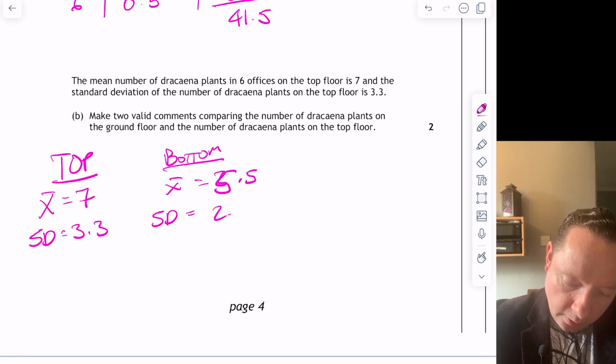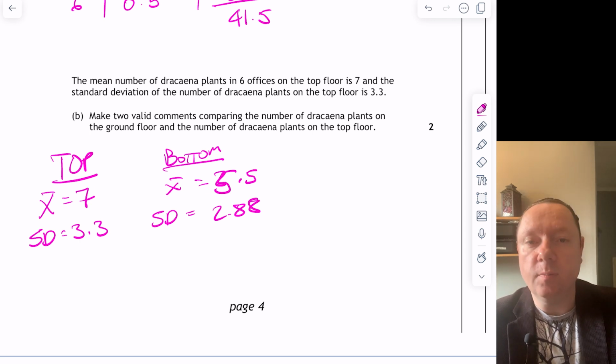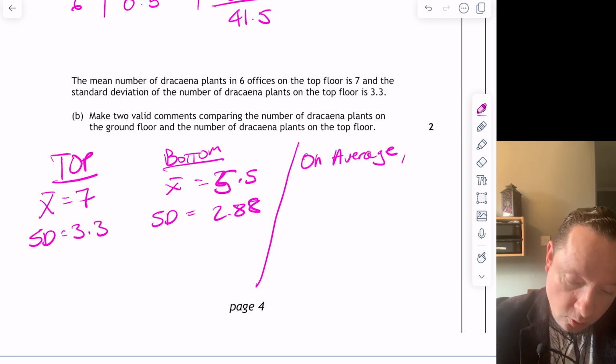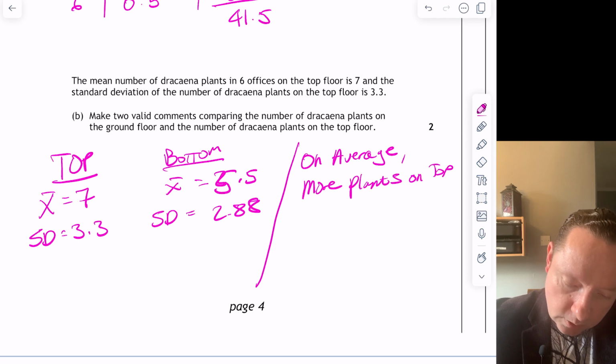It says make 2 valid comparisons about the number of plants on the top and bottom floor. Using the mean, on average there are more plants on the top floor, and that's because 7 is greater than 5.5.